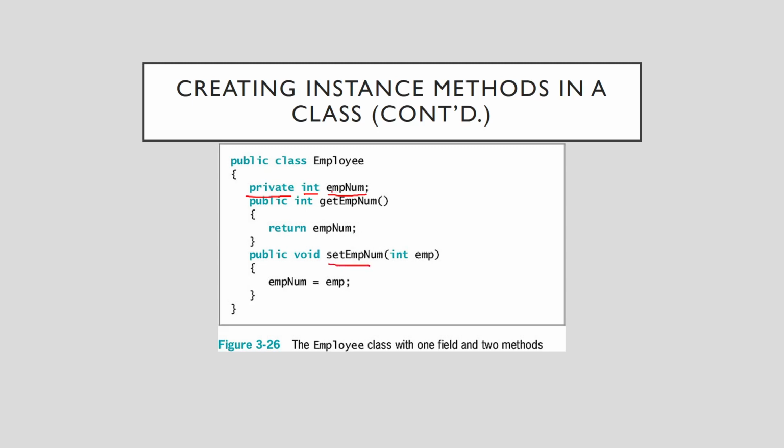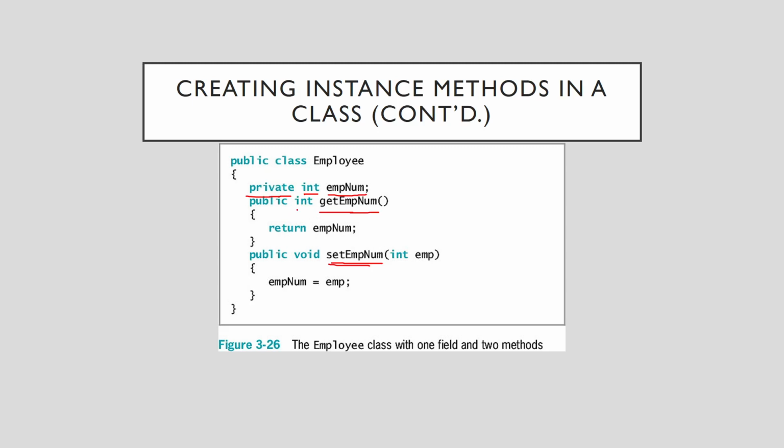So in every instance variable, there must be corresponding accessor and mutator methods for this field, right? So the accessor method is a value returning method. Okay, take note. The accessor method, since we need to access the value, there is a value being returned.